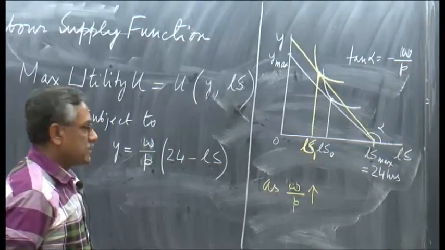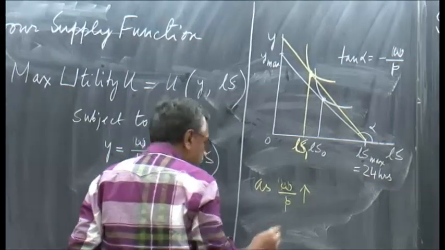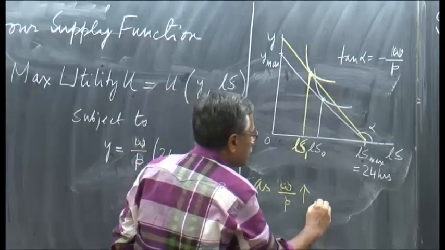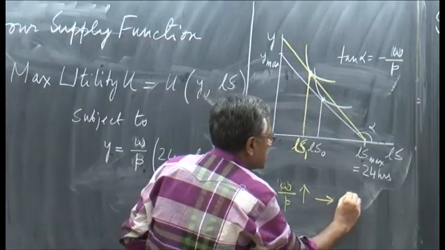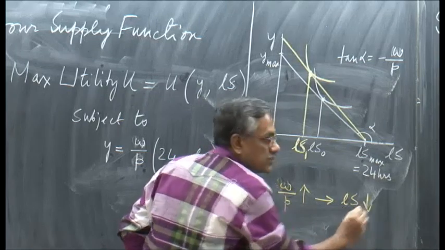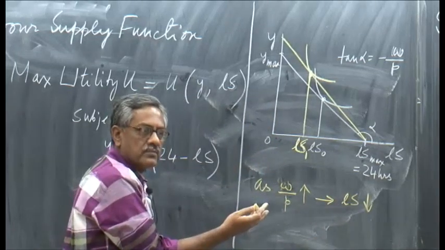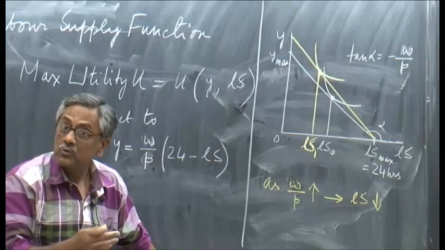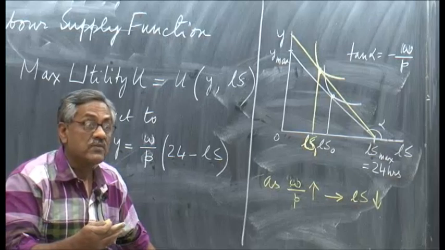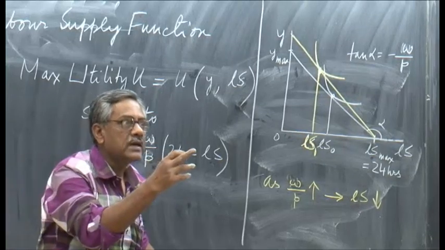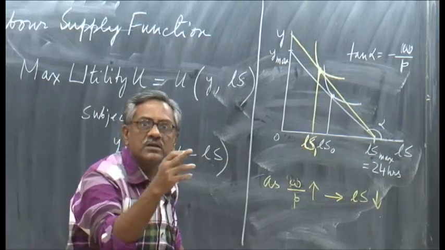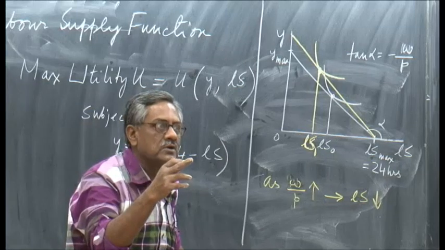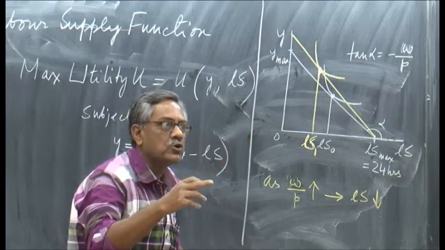Now note one thing. Therefore, as W over P goes up, it implies leisure falls because the cost of leisure has gone up. It's very expensive, bhai, to give up work. We rather work and earn because leisure has become very costly. Suppose I make marks in question papers tougher. So leisure is becoming costly for you. You'd rather work.